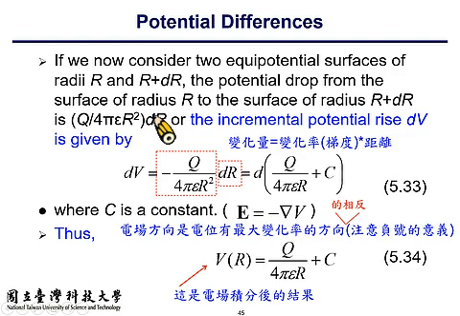Or this is the incremental potential rise, dV. The amount of change in potential V can be expressed as this thing, the electrical field intensity, times the small distance dr.